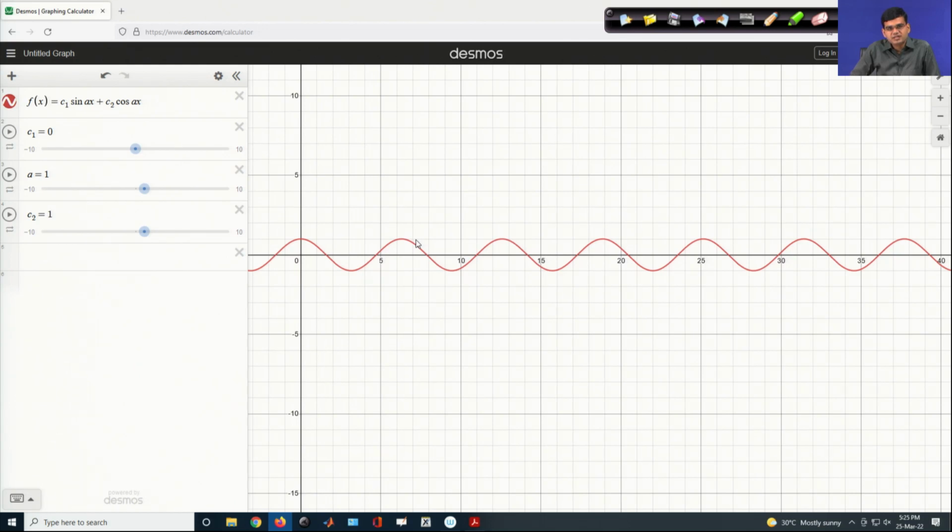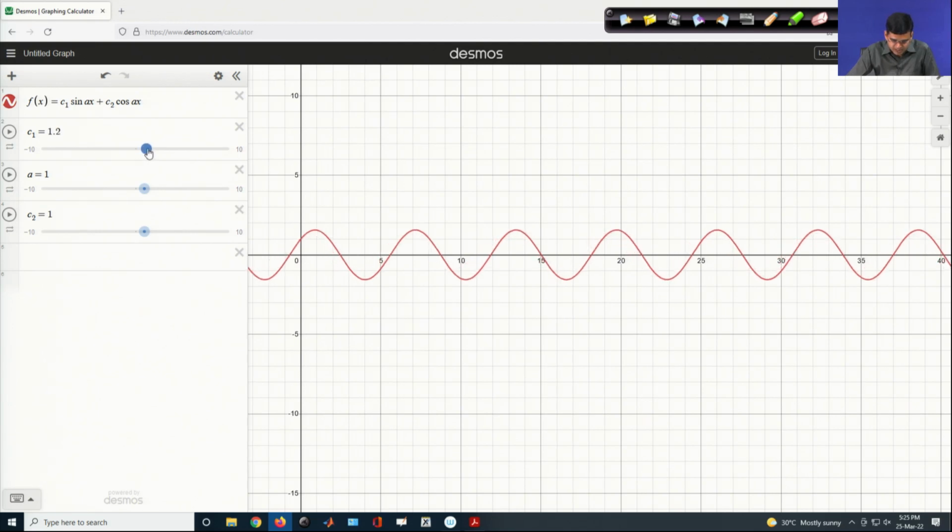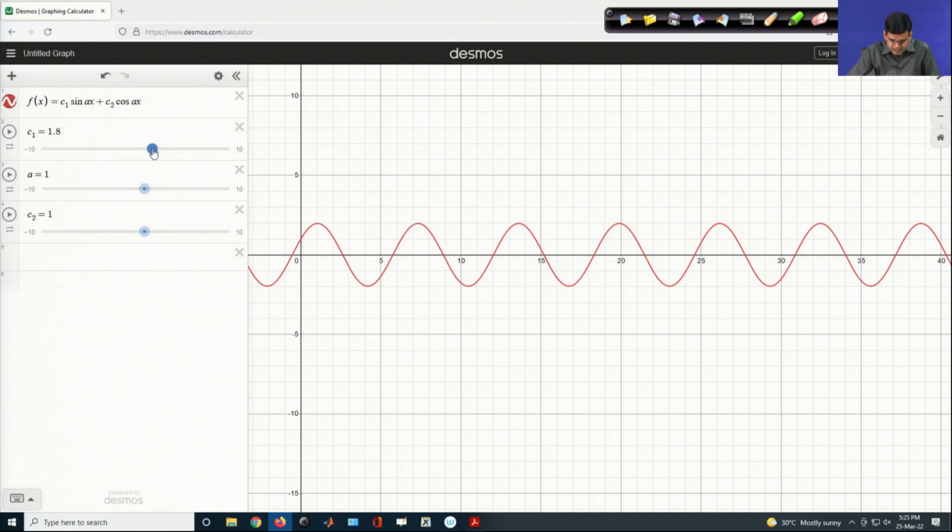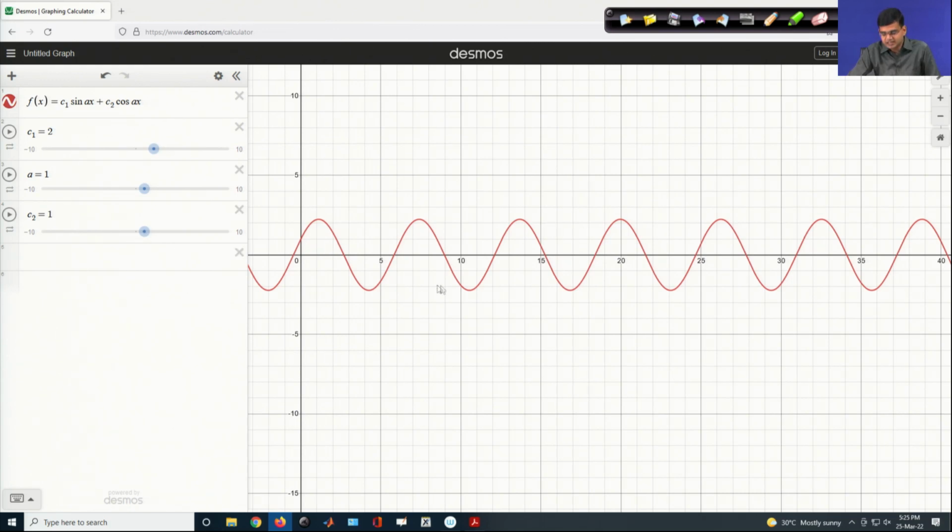And when you have C 1 and C 2 both, you have an effect from both sine as well as cosine, and it does not matter what C 1 and C 2 are. The characteristic feature of this system is that you have oscillations which are sustained. You do not see any behavior where the oscillations do not sustain.